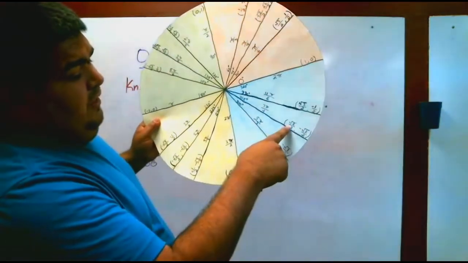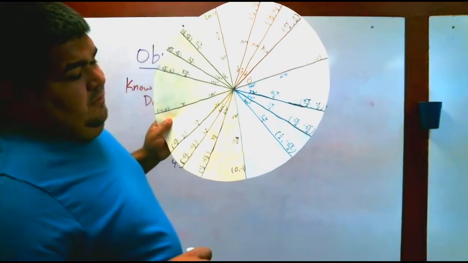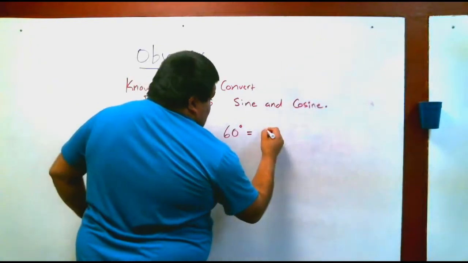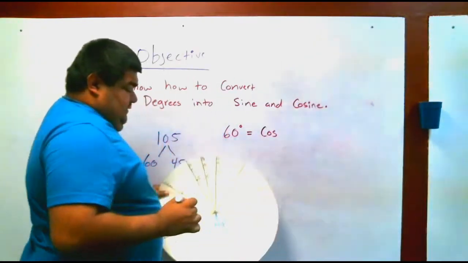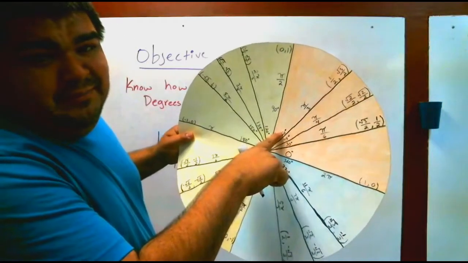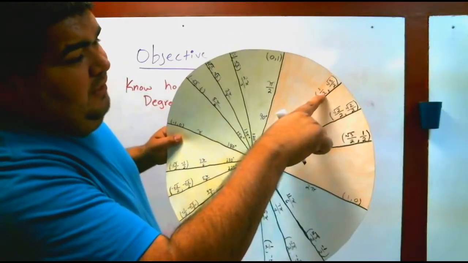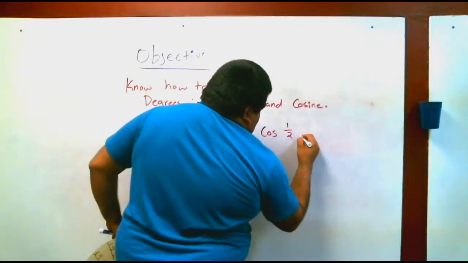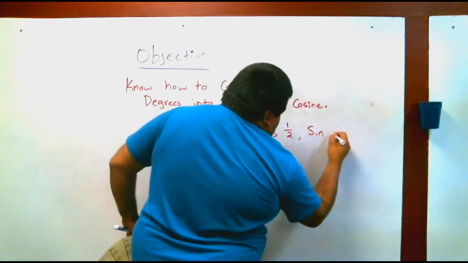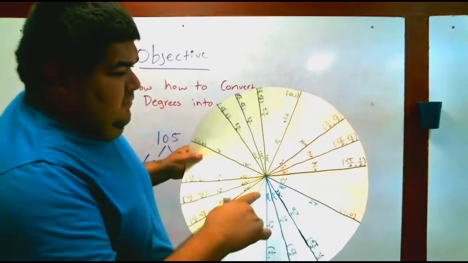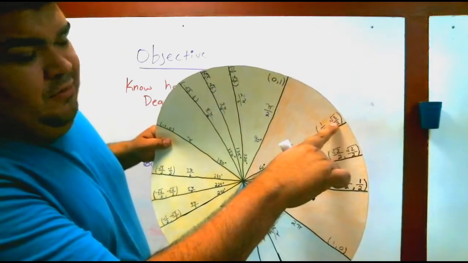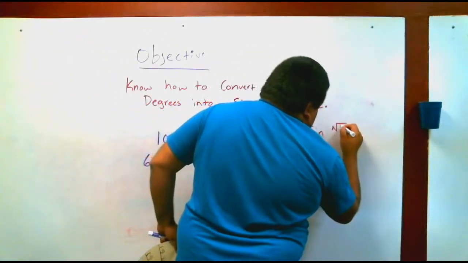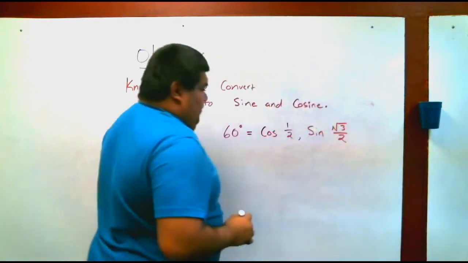So for 60 degrees, cosine is 1/2, and sine is radical of 3 over 2.